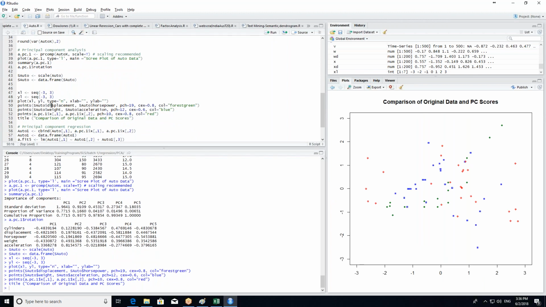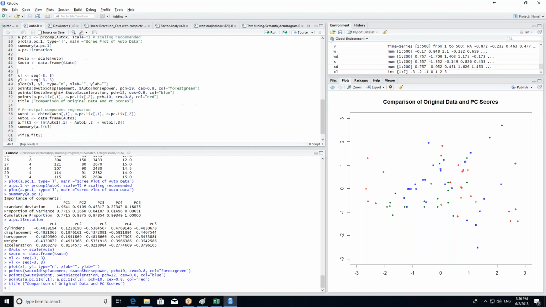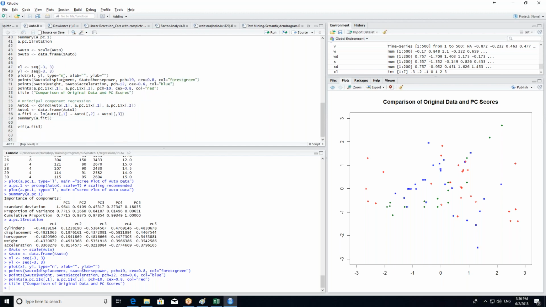I got the principal component one. Okay, I plot it, then summarize the principal components, and then I also got the sequence points plot. I plotted all these things, and I combined auto, PC1, PC2.